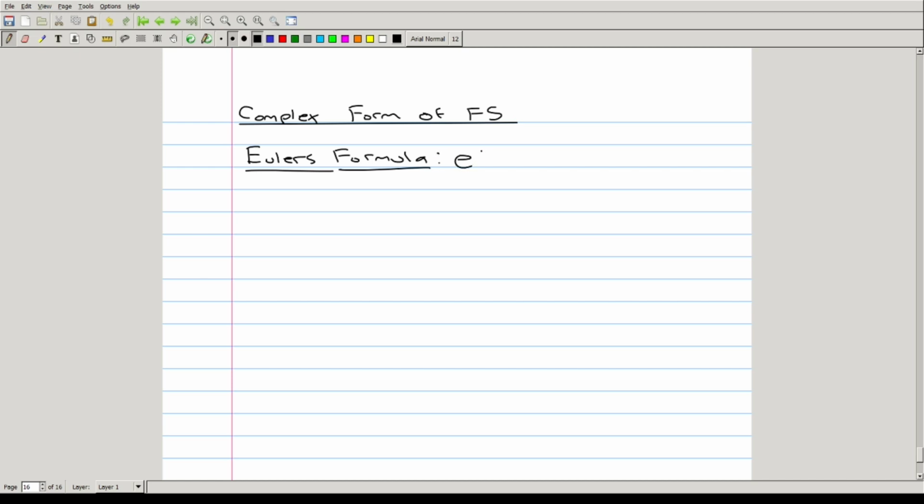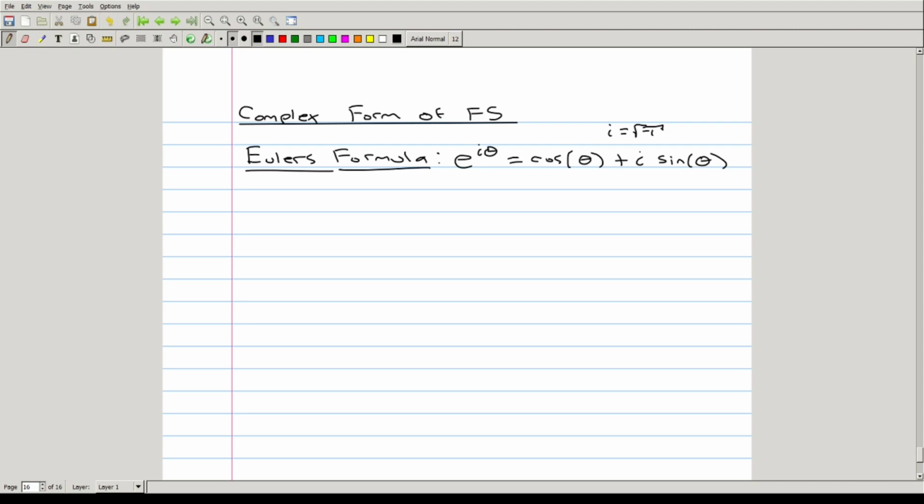It says that e to the i theta is cosine of theta plus i times sine of theta, where i is the square root of -1, a complex unit. This can be proven using Taylor series in a Calculus 3 class. Typically I go over the proof of this.